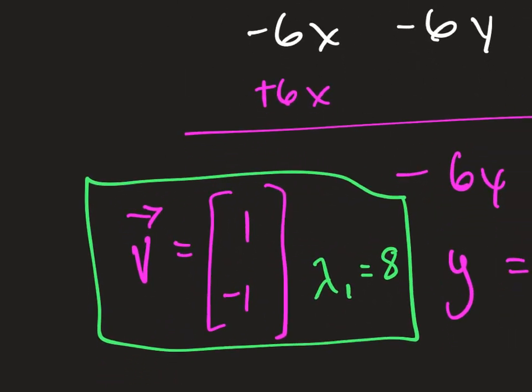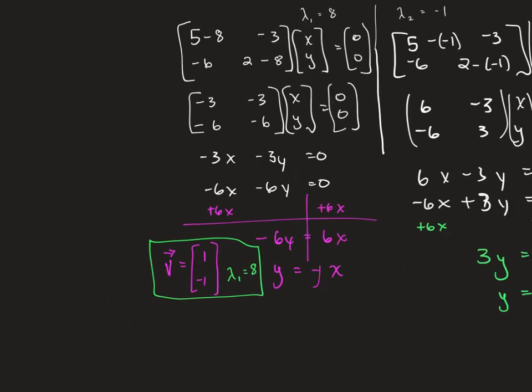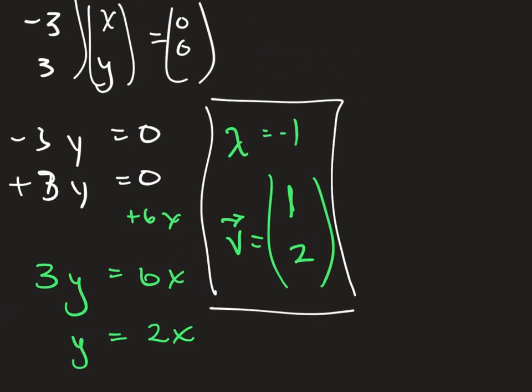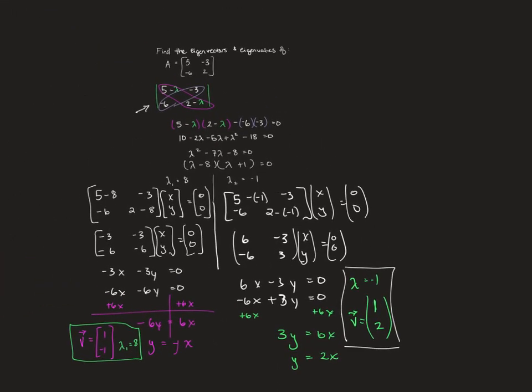The vector 1, -1 will stay exactly where it's supposed to be, but everything along that vector will get stretched by a factor of 8. And the vector 1, 2 will not fall off its span, but it will get flipped around and stretched by a factor of -1. So that is what we get when we have found the eigenvalue and the eigenvector. Let me know what questions you have.